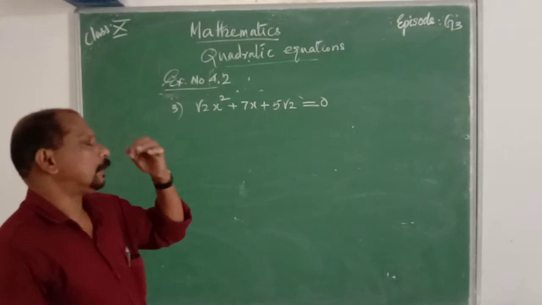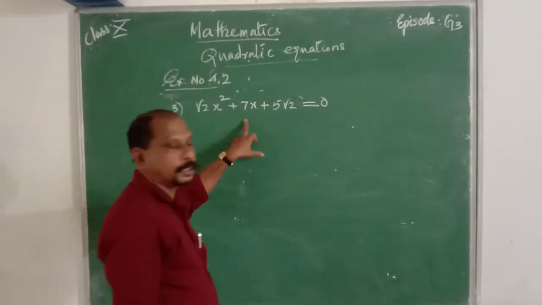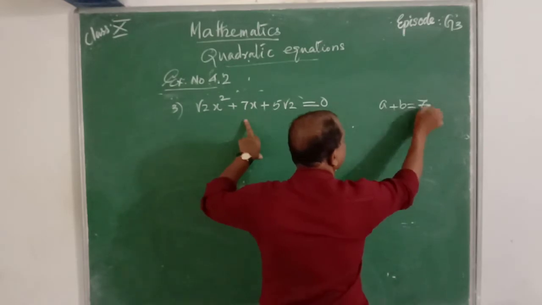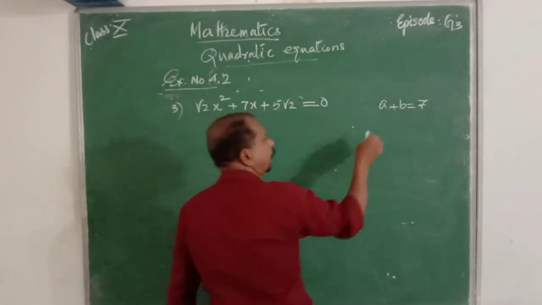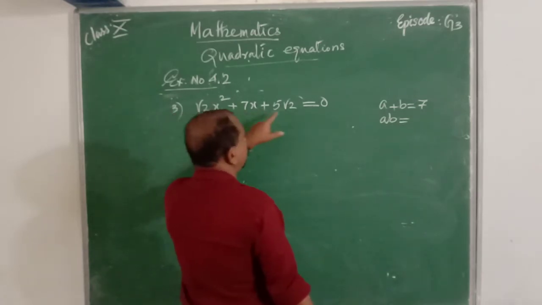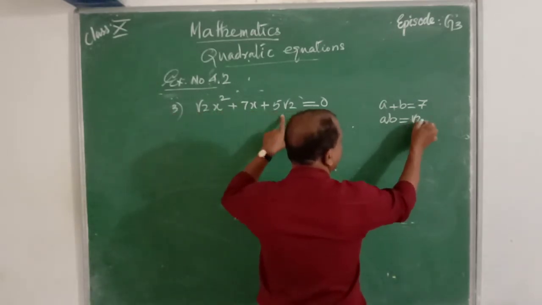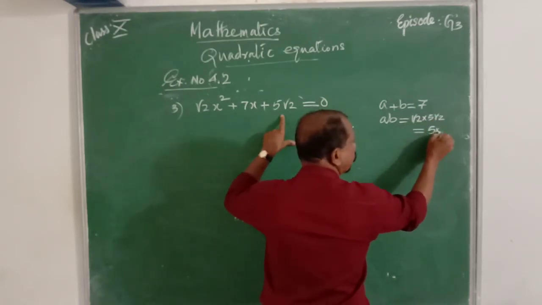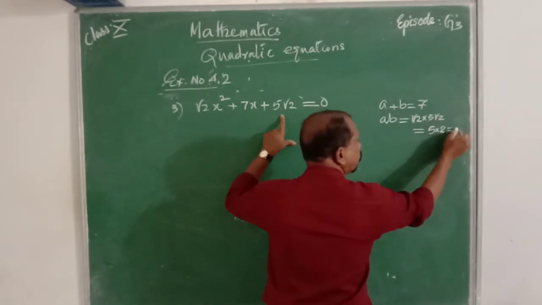Listen, what is a plus b, the coefficient of x? That is 7. The product is a into b: root 2 into 5 root 2 is equal to 5 into root 2 into root 2, that is 5 into 2, which is 10.